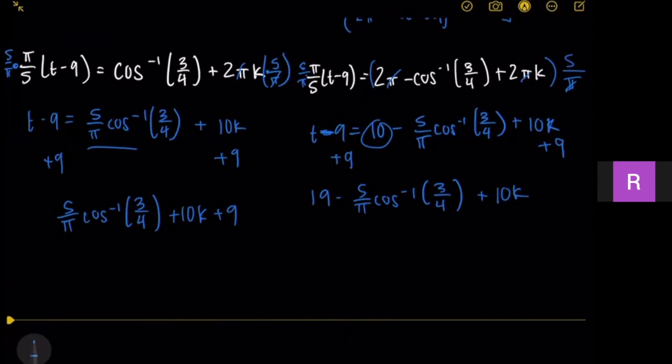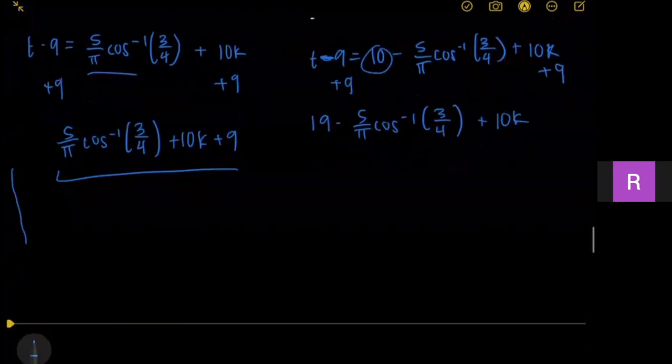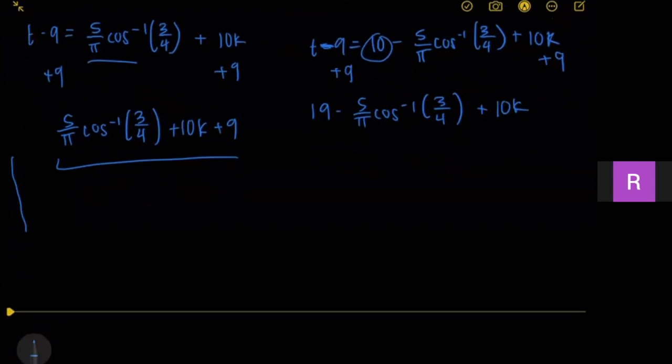So we can now use our calculators, or however you want to do it, unit circle, to find out what 3/4 is equal to. And then we can use our calculators to find the entire rest of this equation here. And then after that, plug in k equals 0 and k equals 1. You can also use your calculator for that part and get those final answers that we got earlier.